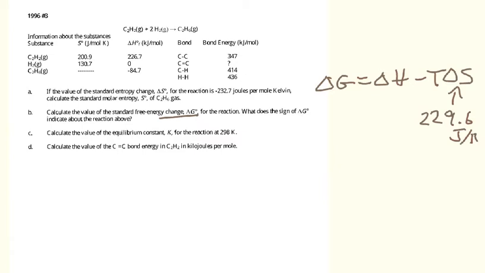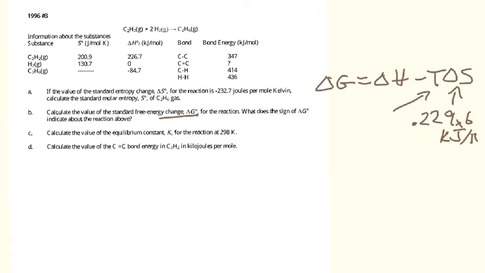I'm going to convert that to kilojoules, because delta S is the only one of the 3 that tends to be in joules. The temperature, I believe, is 298.